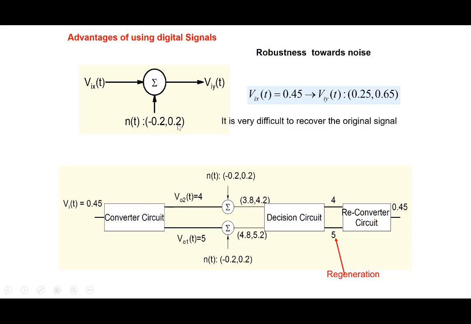Well, we have no way of now recovering what the original analog value is. Was it 4 volt? Was it 4.1? What was it? We have no way of recovering unless we use some kind of filtering to eliminate the effects of the noise. But we are not looking at the elimination of noise at present. We are saying that once an analog signal is corrupted by noise, we have no way of knowing what the original value of the analog signal is. While here, we can recover.